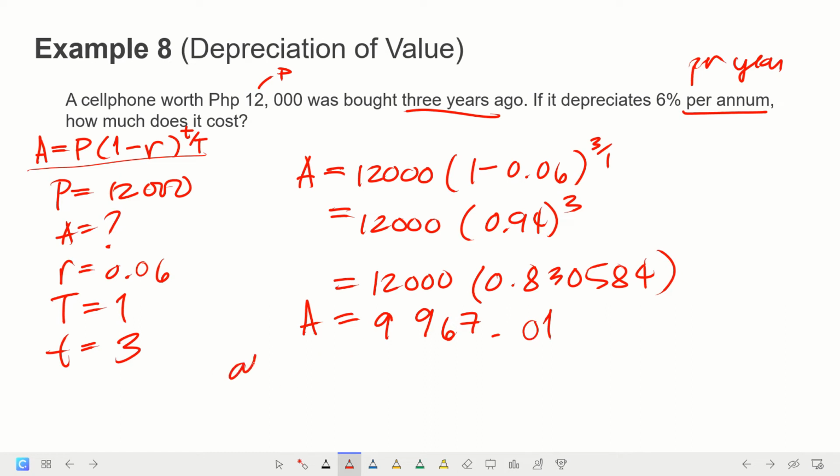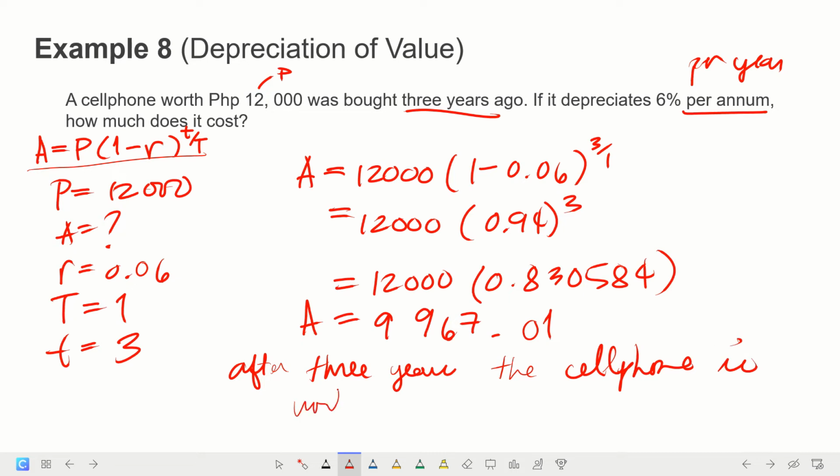So, 9,967 pesos and 1 centavo. So, this is the new value of our phone after 3 years.